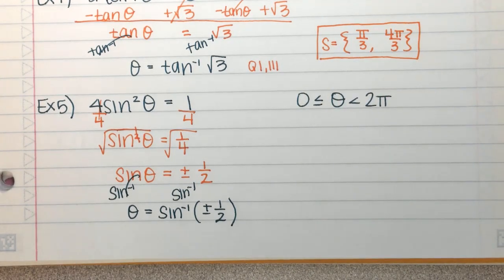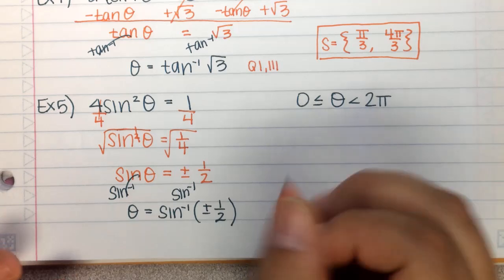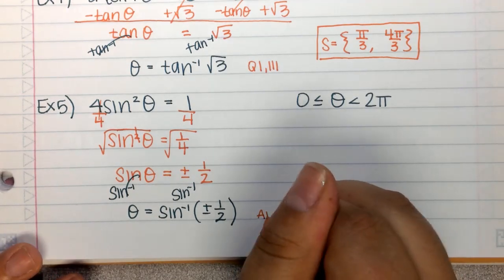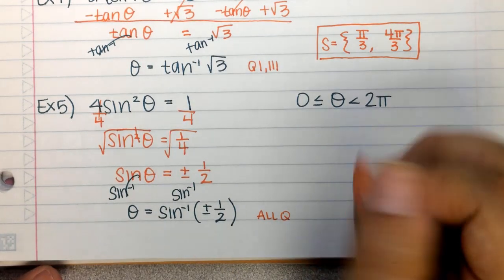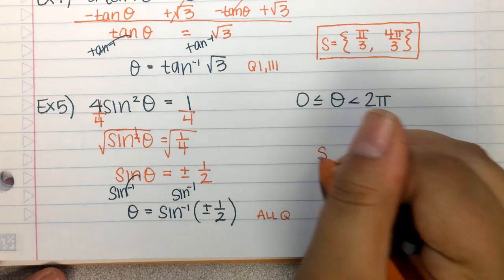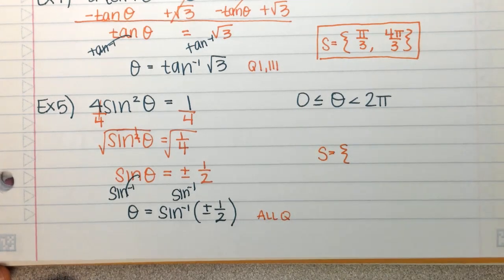Interval, my bad, thank you. Good questions though. It's important to ask that. Interval is 0 to 2 pi. What quadrants is sine going to be plus or minus 1/2? What quadrants is sine positive and negative? All quadrants. So how many answers should I have here? You should have 4 answers.